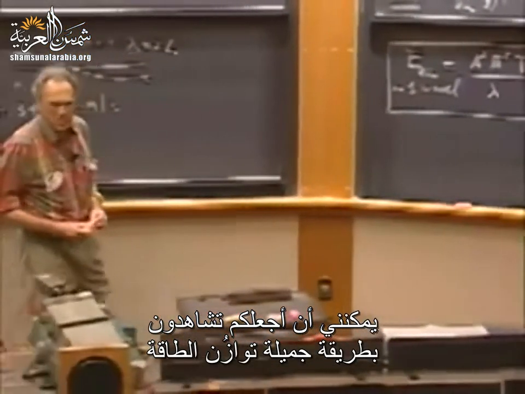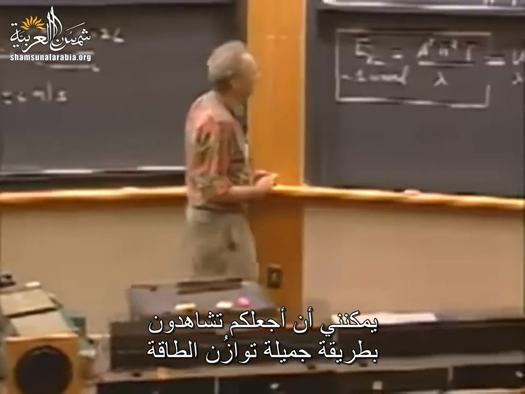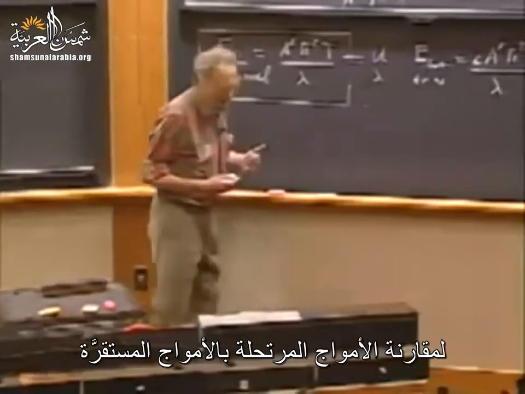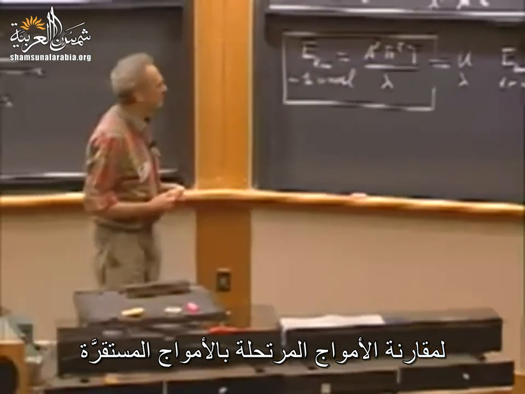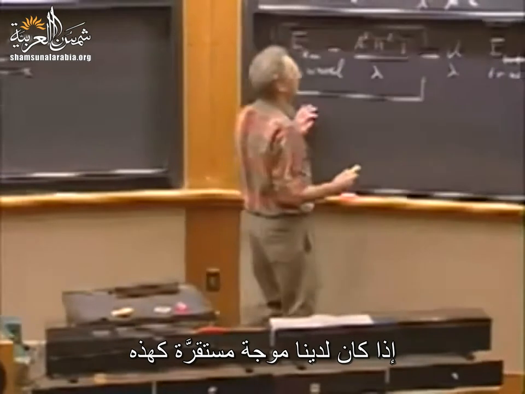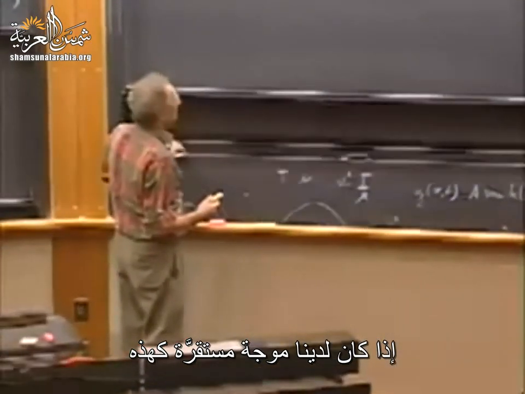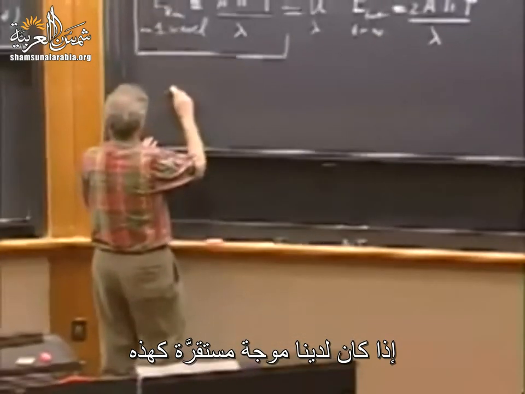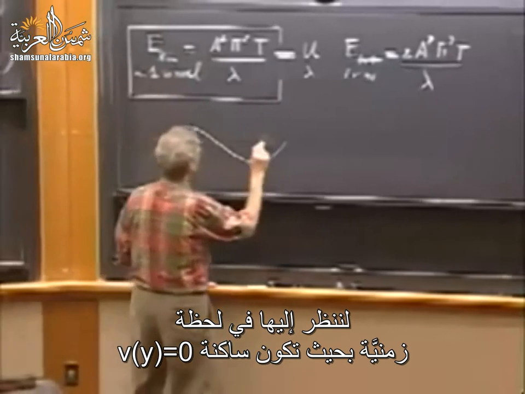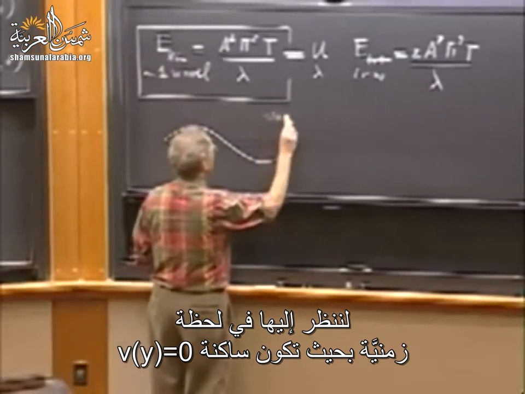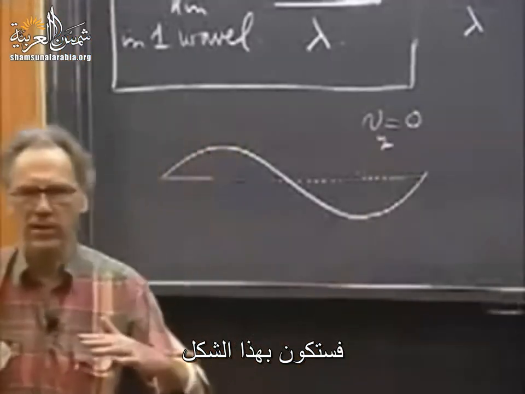I can now make you see, in a nice way, an energy balance to compare traveling waves with a standing wave. If I have a standing wave, and the standing wave is like this, I look at this picture at the moment that the wave stands still, that Vy is 0, so it goes like this.